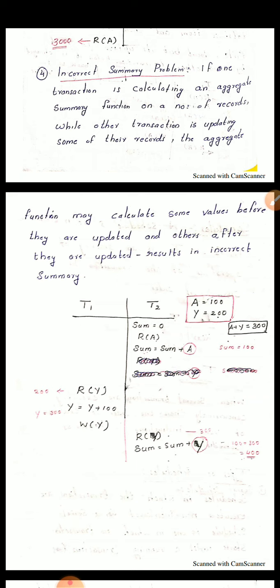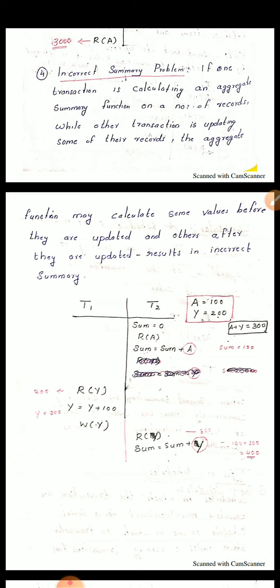Now what is the Y value? Now 300 is the Y value. That value is read from the database and the sum is updated, sum plus Y. So the sum in the database is 100 and Y has become 300, which makes 400. Before and after the transaction it should be consistent.